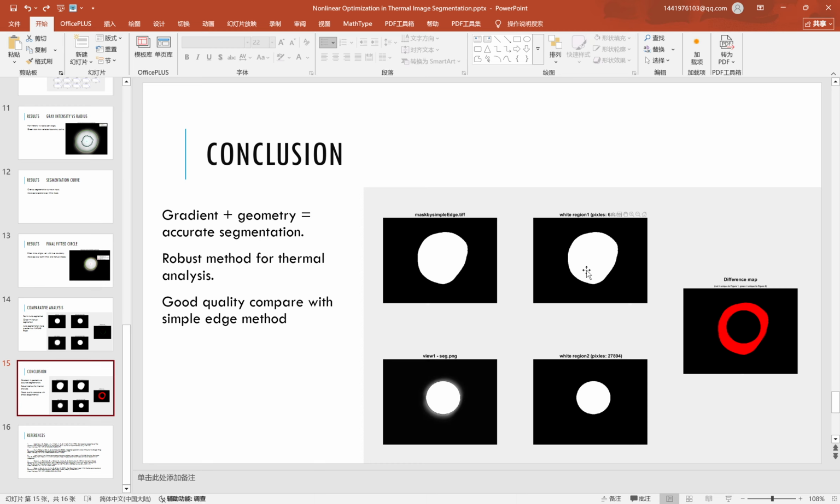But now the detecting method can only apply to round shapes like this. So the next step is to find a better way to make an auto segmentation. All right, that's it.